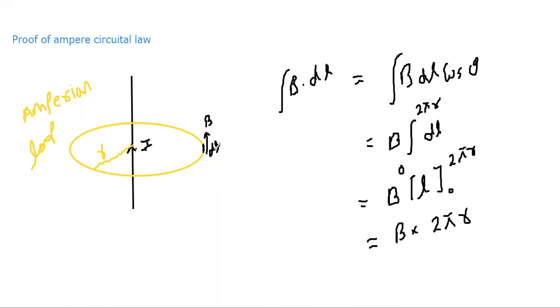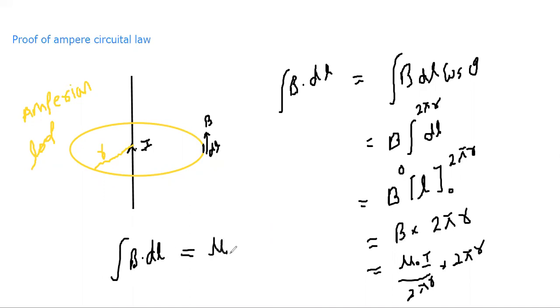That was mu naught I by 2 pi r. We have done this derivation. So the value of B is mu naught I divided by 2 pi r, into 2 pi r. So the 2 pi r cancel and you get the integration of B dot dl to be mu naught I. Over a closed loop, B dot dl is equal to mu naught I. So this is the proof of Ampere's Circuital law.